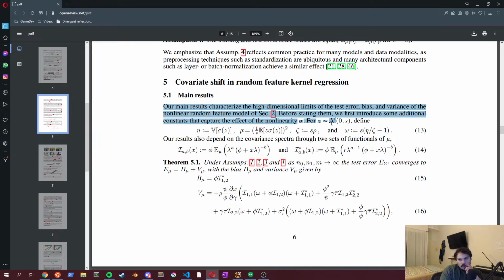For z sampled from a normal, define eta as the variance of sigma of z, rho as 1 over the expectation value of z times sigma z, squared, normalized by s, and c, if I remember, is s times rho, and then omega is s times eta over xc minus 1.